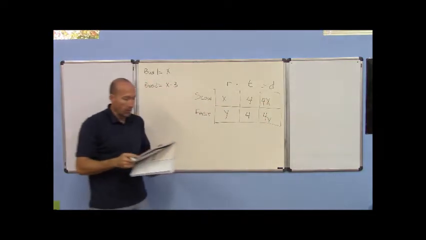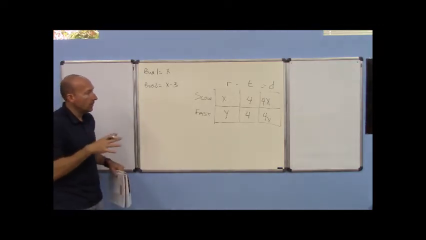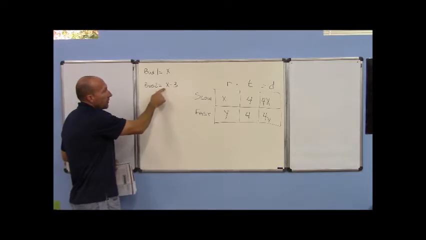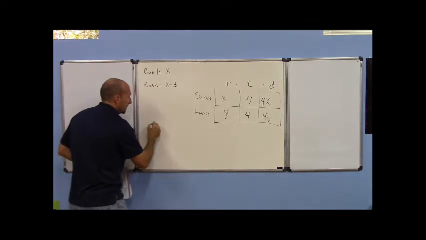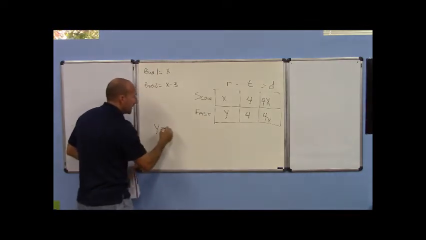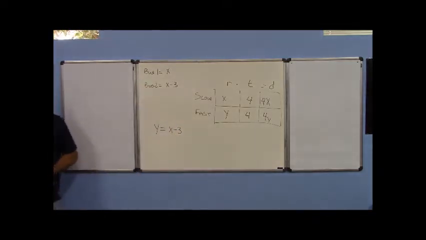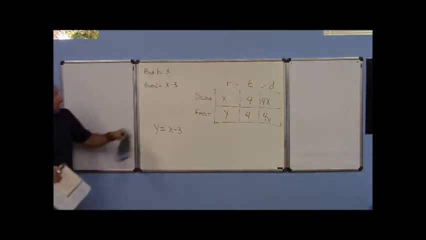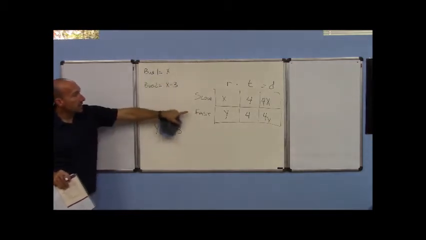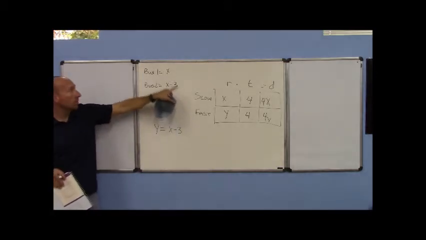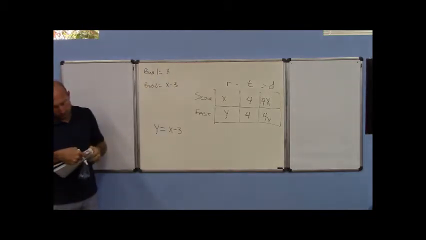Now, what do we do with this information? We know that y is the same thing as the slow bus minus 3 miles per hour. Fast bus, y, we know as actually going 3 miles an hour slower than, hold on a second.